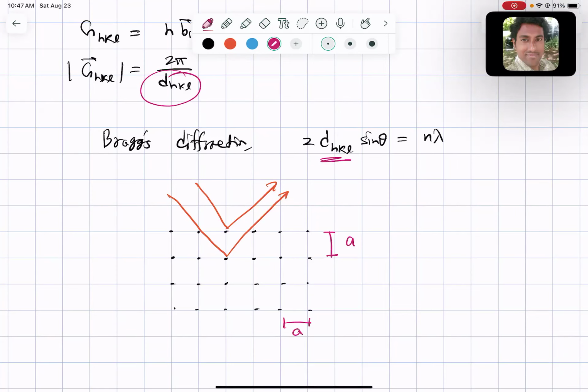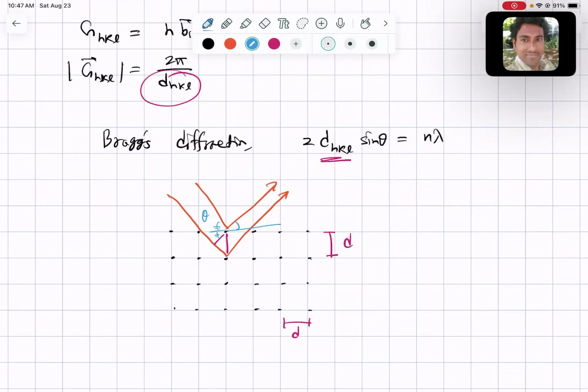Let's say this is also A, or we can call it d. And this is d. And the angle of reflection or incidence is, say, theta.